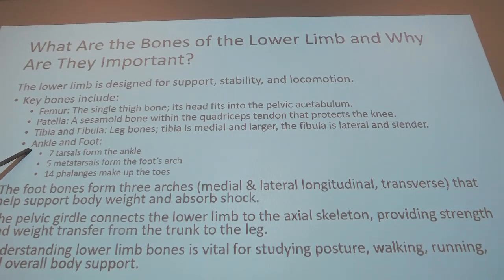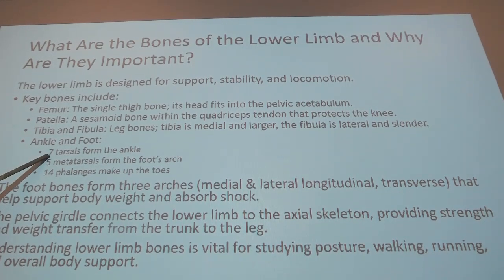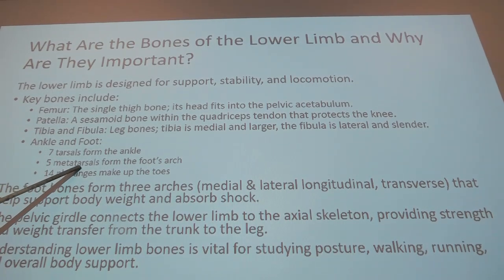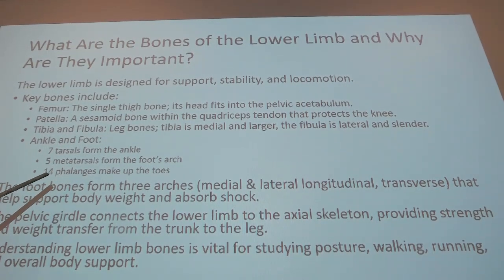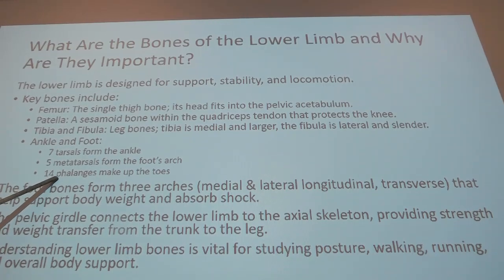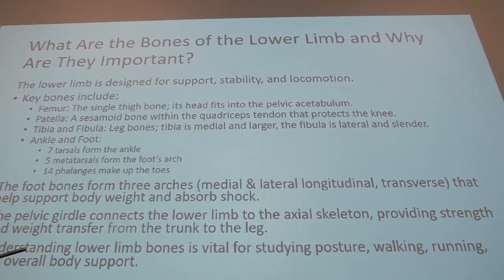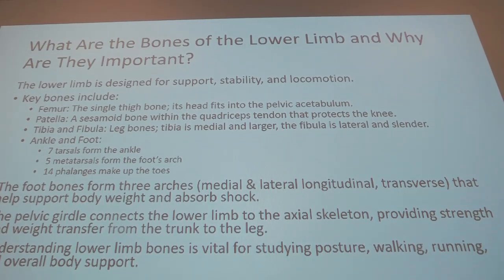Now, in the ankle, we have 7 tarsal bones, and the foot arch is formed by 5 metatarsals, and just as in the fingers, in our toes we have 14 phalanges. We have proximal and distal in the great toe, and in the rest, we have proximal, middle, and distal phalanges.